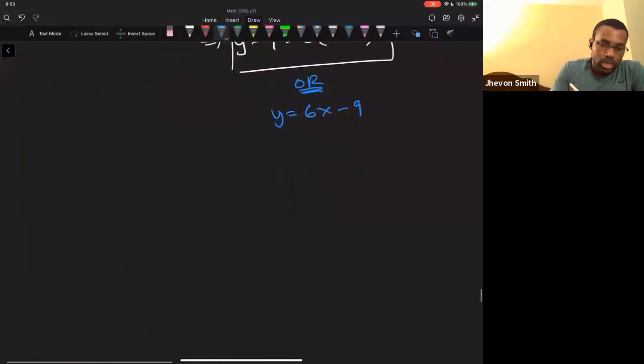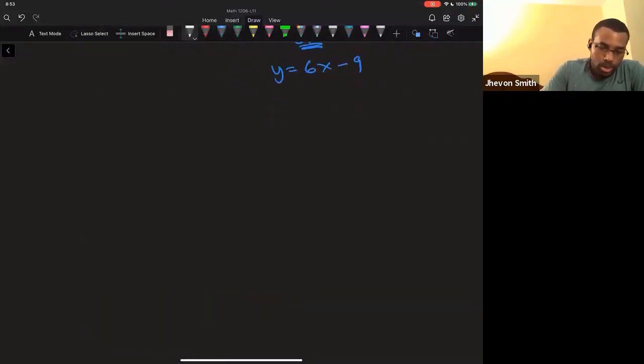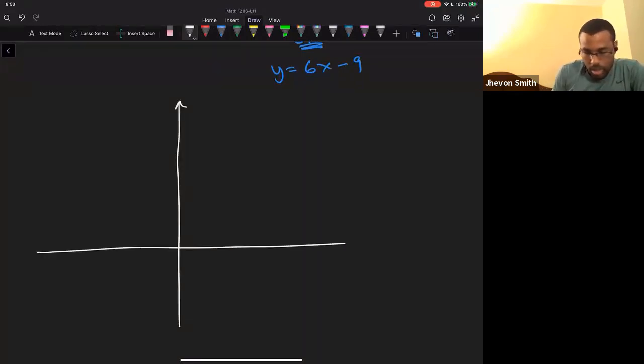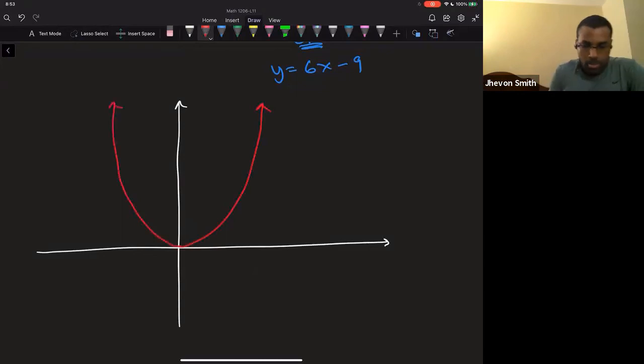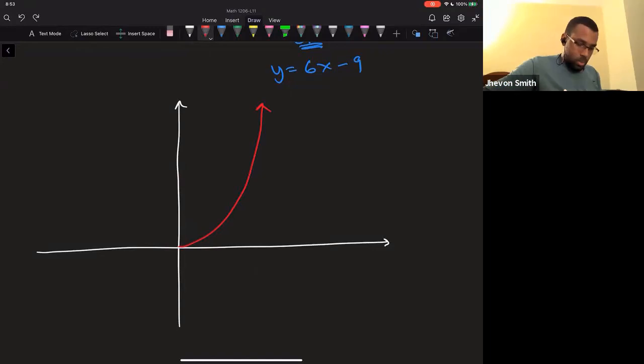And so what this leads to is the following. Here I have the function x squared. Should do this side first.